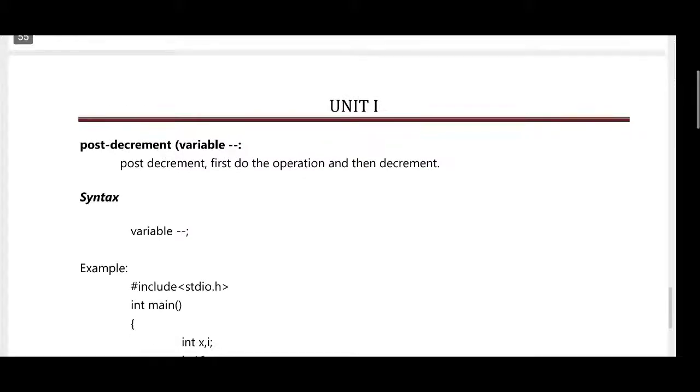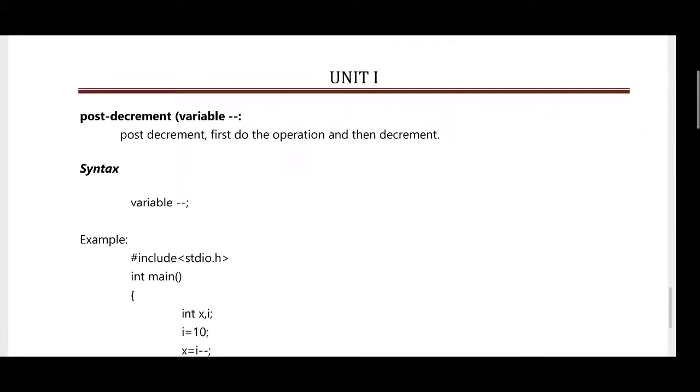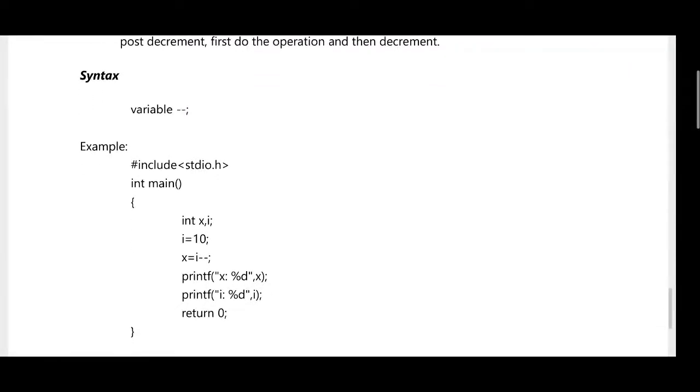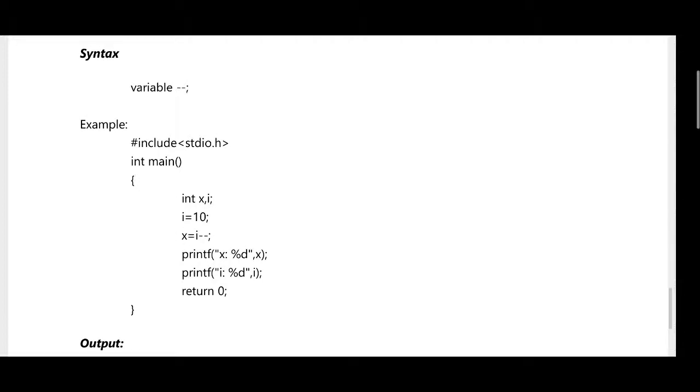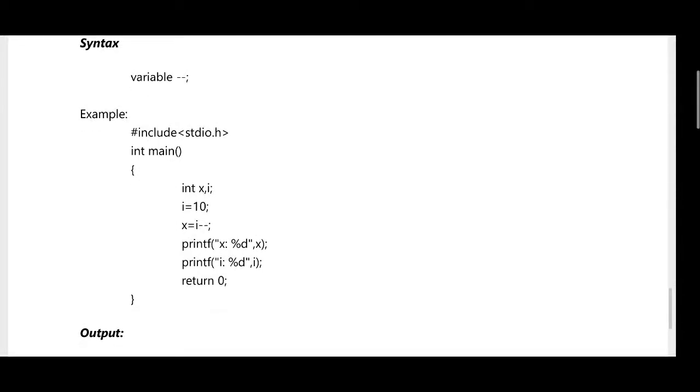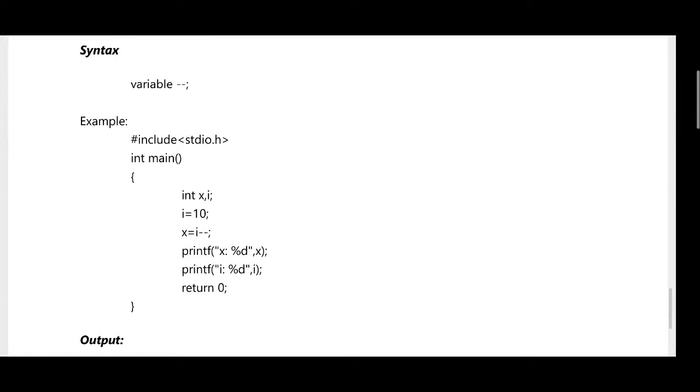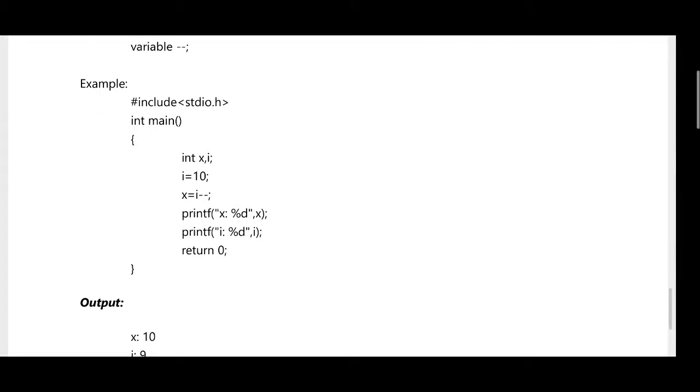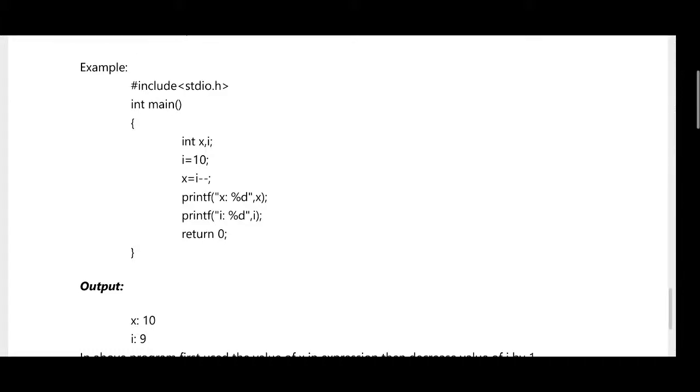Then the post decrement variable: the post decrement first does the operation and then decrements. Here is the same program with post decrement: include stdio.h, int main, int x, i = 10, x = i--, printf x %d, printf i %d, return 0.